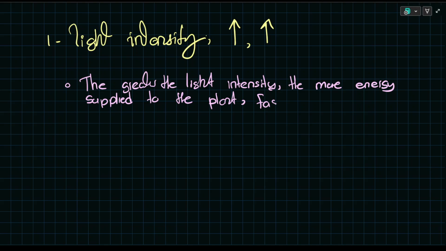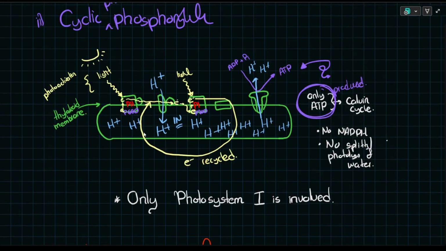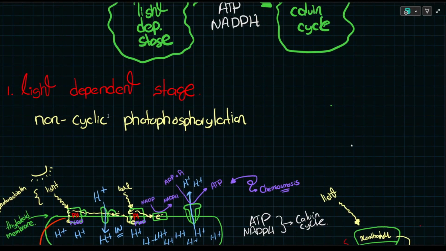So, therefore, faster light dependent reactions occur. Light dependent reactions can occur extremely fast. More light, more photoactivation, more electron excitation, the faster the light dependent stage.